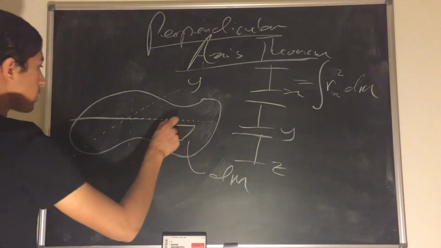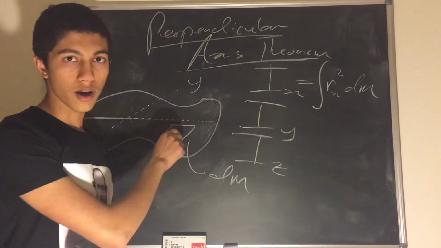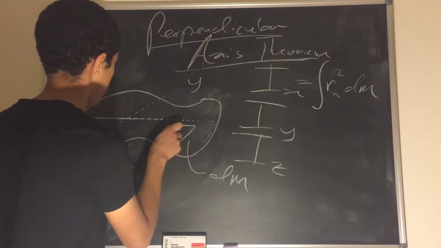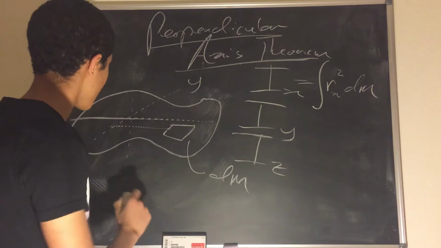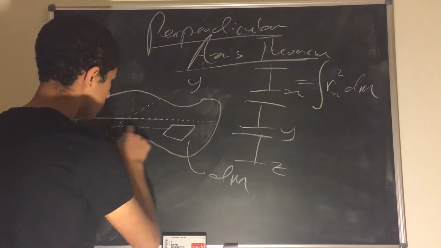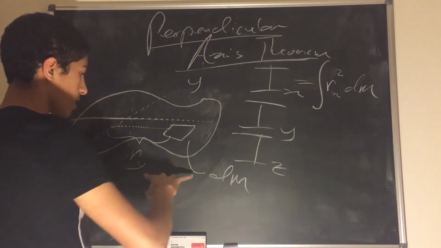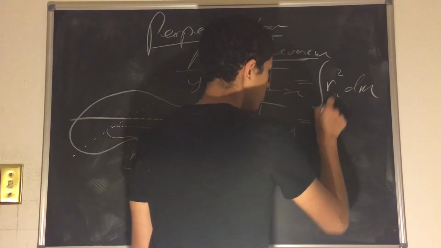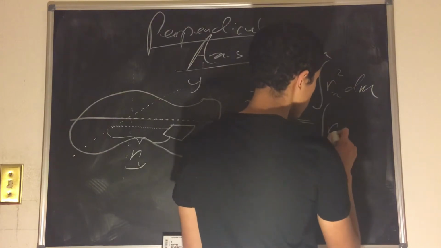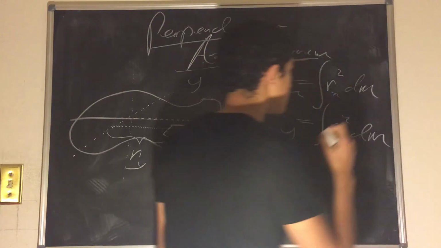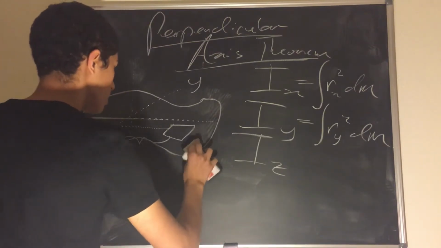And let's also identify the perpendicular radius, the shortest line that can be drawn between dm and the y-axis, and that would be a line which is parallel to the x-axis. Let's call this length ry. So then we have the moment of inertia about y, Iy, is equal to the integral of ry squared dm.